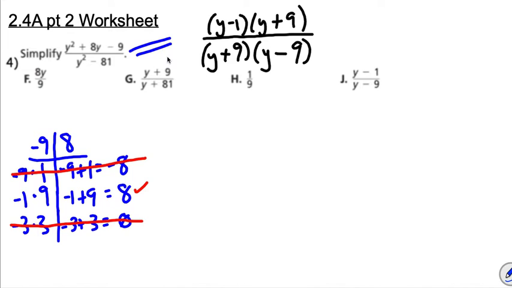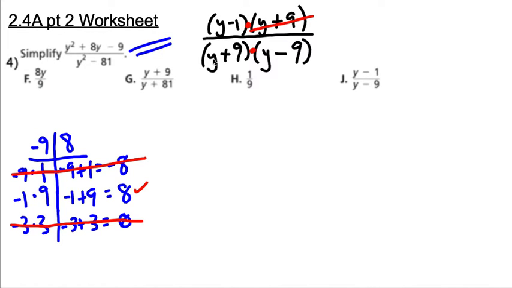And now we want to simplify. So we simplify where things are being multiplied. This is multiplying right here. This is multiplying right here. That means either y minus 1 will cancel or y plus 9 will cancel, the entire thing. And if we look at this, what do we have on both the top and bottom? Exactly the same. That is a y plus 9.